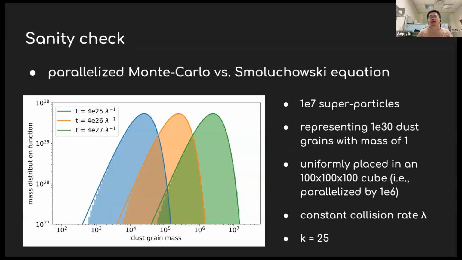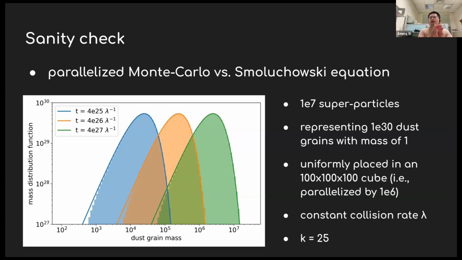And this is the last slide, and we have a sanity check, because we want to show that parallelizing this meant-to-be serial process can, to some level, reduce the interference between collisions while maintaining some efficiency. Here we have 10 million separate particles within a 100 by 100 by 100 cell grid, and they are uniformly distributed.